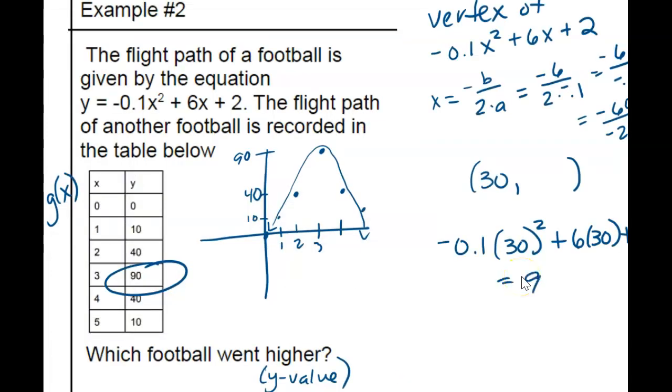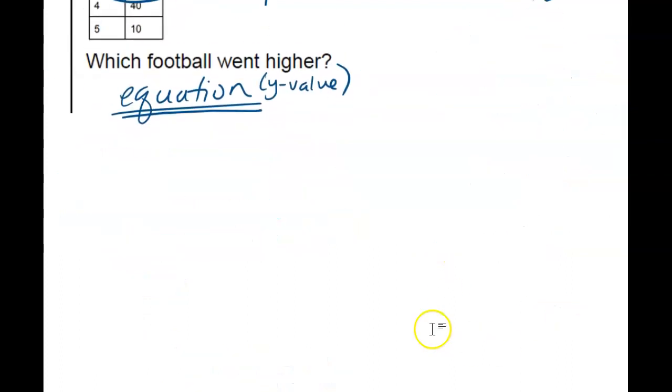So the equation went higher. Only by 2 though.